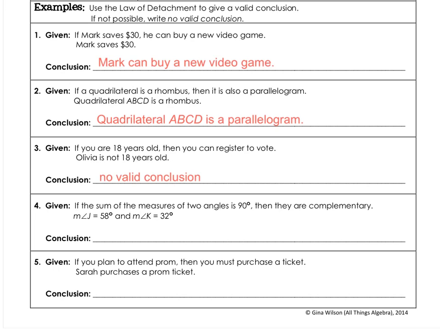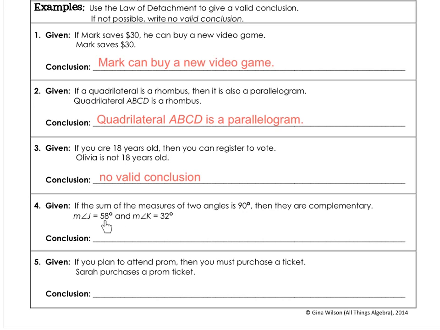Number 4 indicates that if the sum of the measures of two angles is 90 degrees, then they are complementary. Measure of angle J equals 58 and measure of angle K equals 32 degrees. Okay, so it doesn't say specifically that measure of angle J summed with the measure of angle K equals 90 degrees.